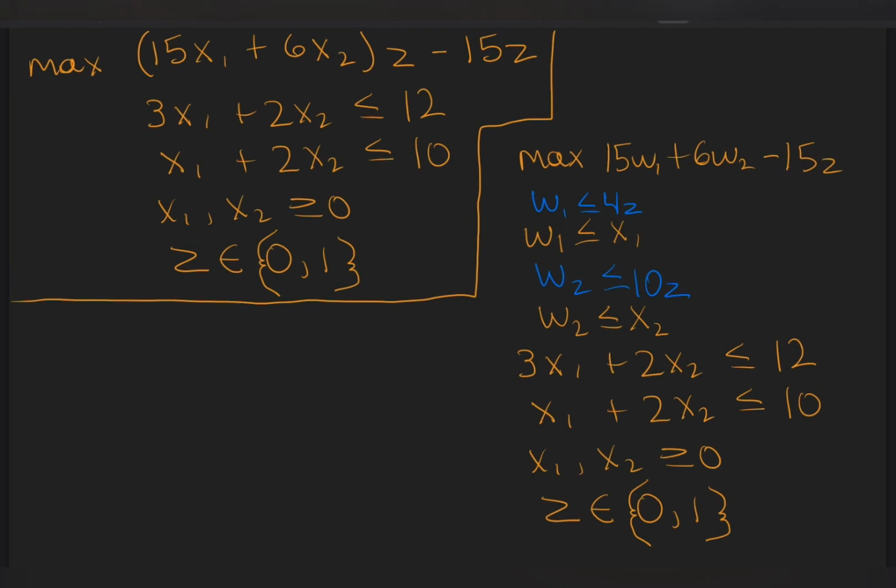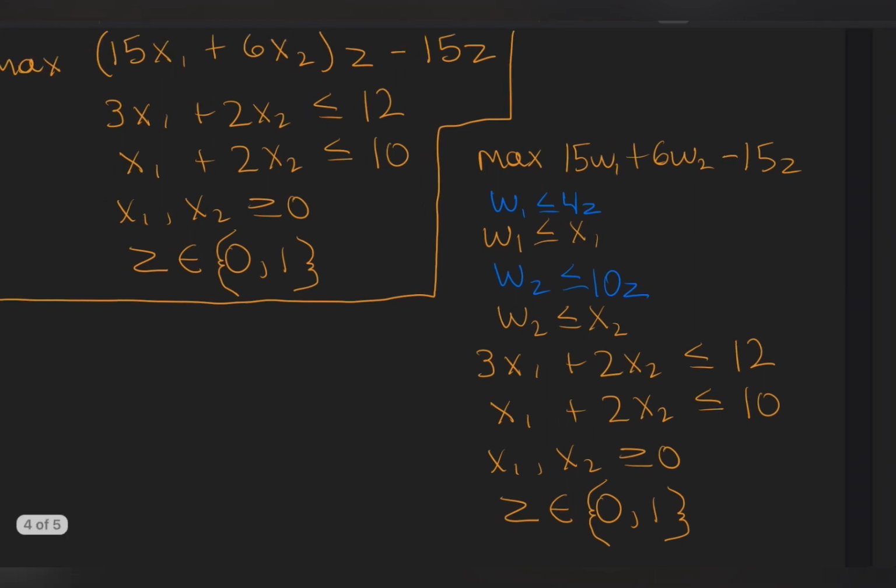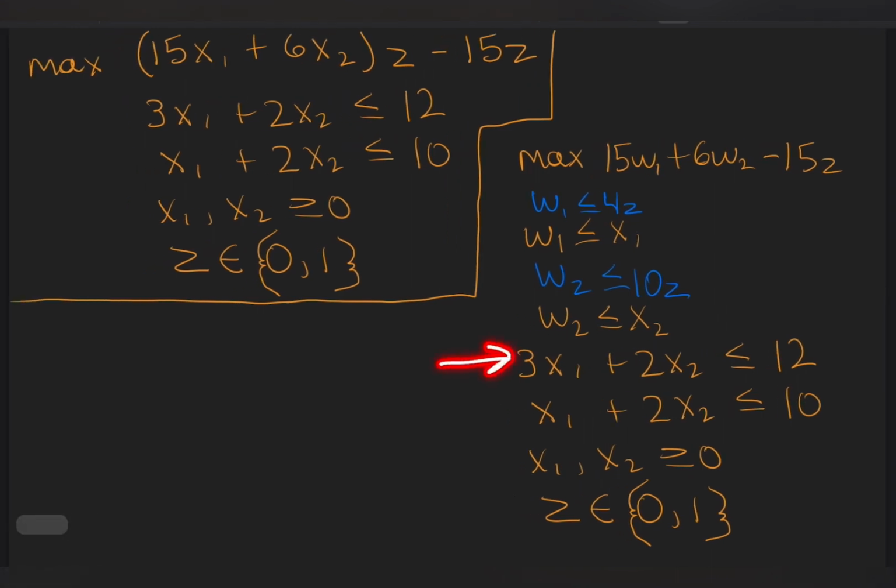All right, here is the correct linearization for this problem. Instead of setting w1 less than or equal to just z, we're going to make it 4z. Why 4? Because if you look at the resource constraints, the maximum number of bottles of alcohol 1 that you can produce is 4, because 3 times 4 is 12, and 12 is how many of the resource you have in the first place, and you won't produce any of alcohol 2.